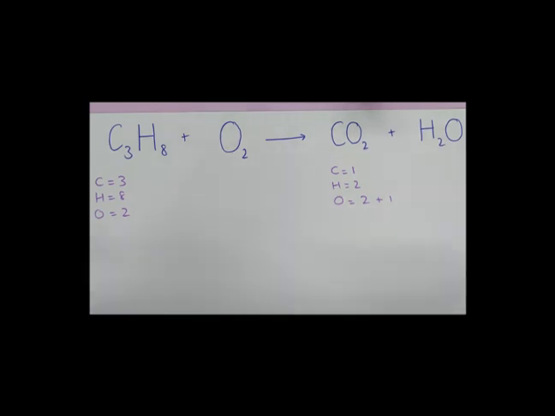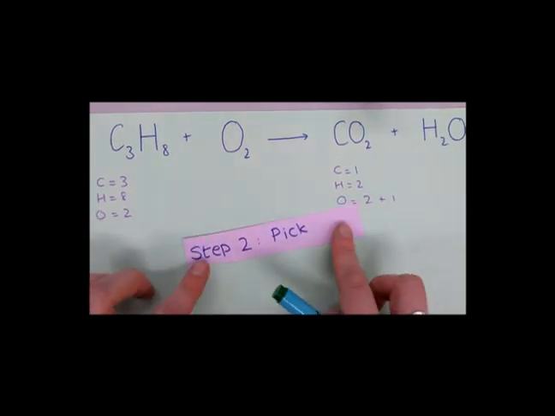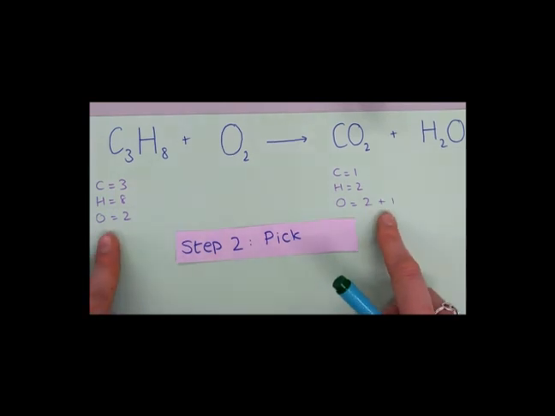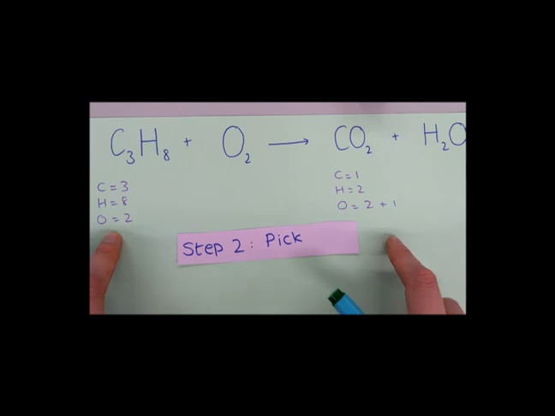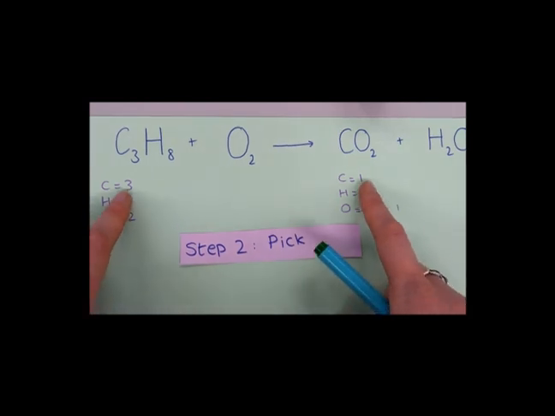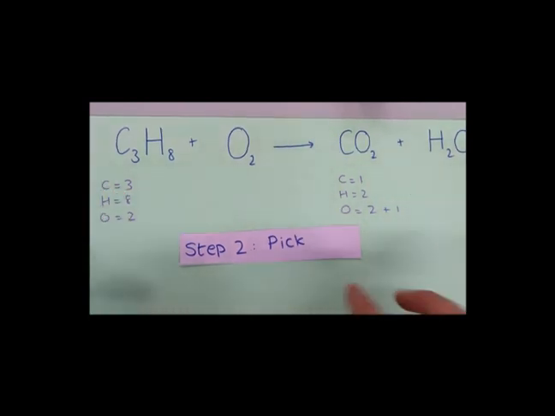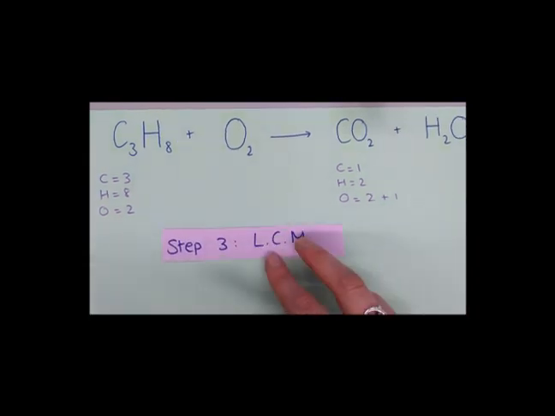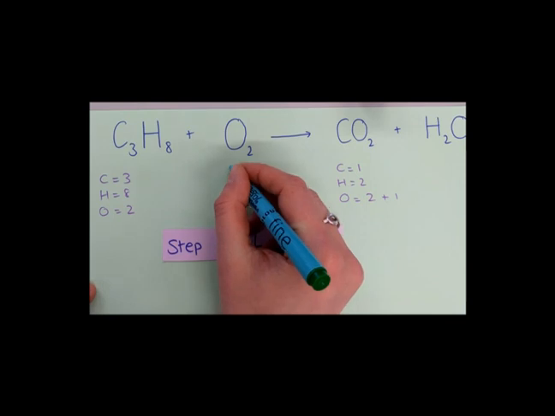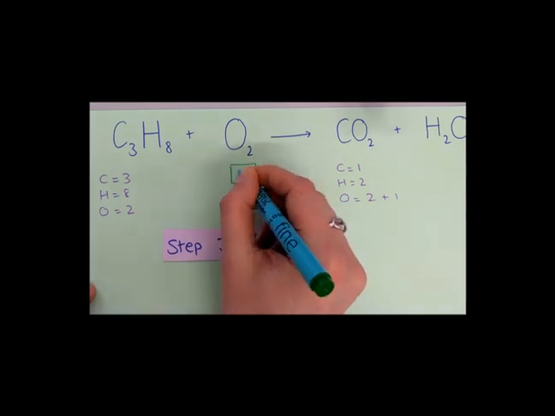So I've done my counting, and I now need to do picking my element. So we've said we're not going to do oxygen because oxygen is going to be a pain and it'll just complicate things. So I've got my option of either doing the hydrogen or doing the carbon. Let's start with the carbon because it's at the top. So, lowest common multiple is 3.